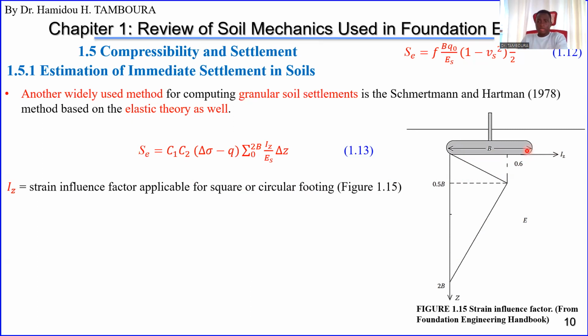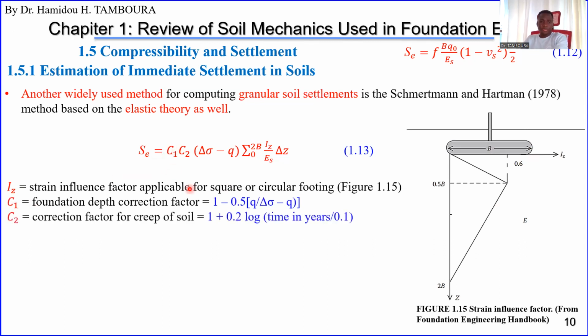So you can read the value depending on the depth. For example, this is 0.5B, this will be B, 2B. If you are here, you can read the corresponding value here, and you will know the value of IZ.